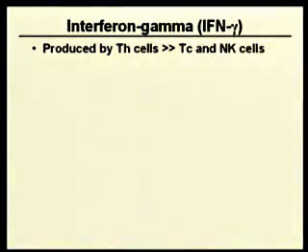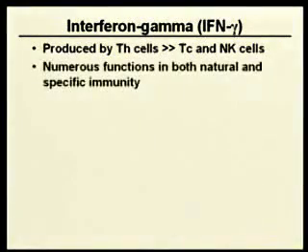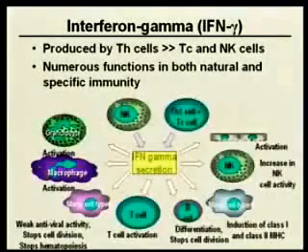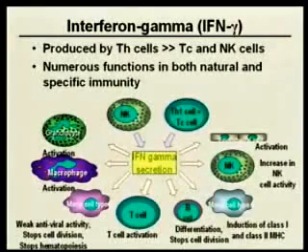And finally, we'll talk a little bit about interferon gamma. This is produced by T helper cells, can be produced by cytotoxic T cells as well as NK cells. This particular cytokine plays a number of roles in the antibody in their immune response. It's typically thought to be a Th1 cytokine. But if you look here, again, this big soup here kind of gives you an example of what this cytokine can do.